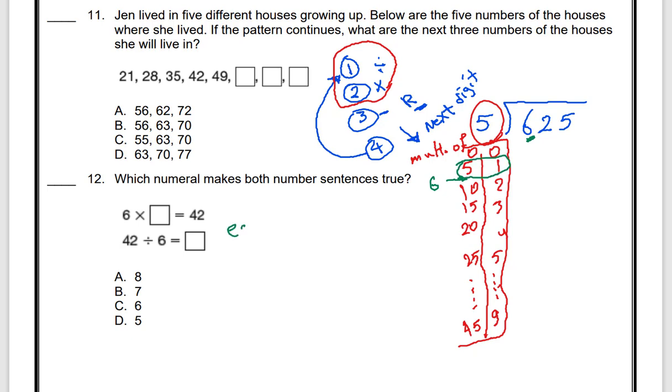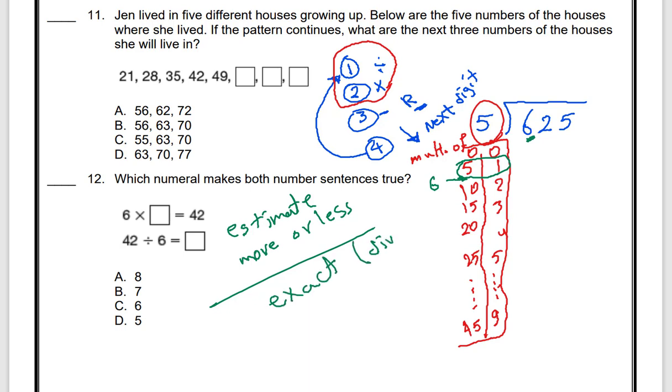When we do estimation, you can use more or less, but when you do the exact answer or the division algorithm, do not take more, take only less, because you need to do minus after that. You need to find the remainder, so you need a number less than 6. So I will choose the 5.